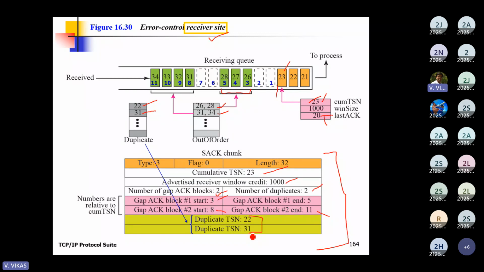So to the sender side, we are just saying these are the two things which we are receiving multiple times. There is no point in sending this one, it will come to know they have been duplicated, but sender has nothing to do with that. But if you have gap acknowledgement blocks, you need to handle that one.